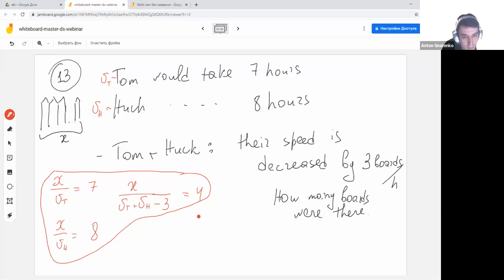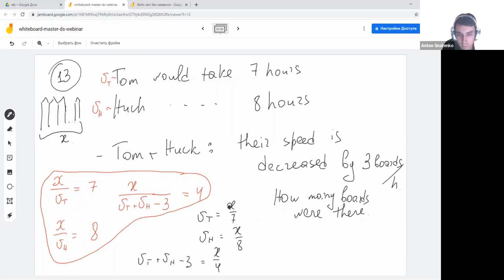We can find that VT equals X over 7, VH equals X over 8, and that VT plus VH minus 3 equals X over 4.